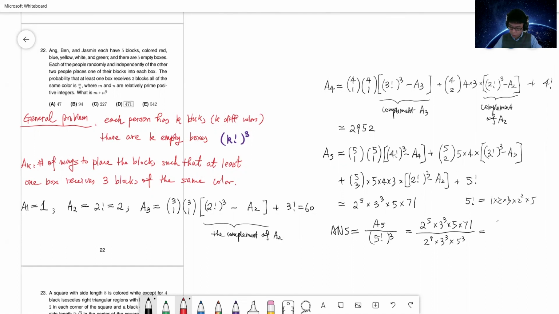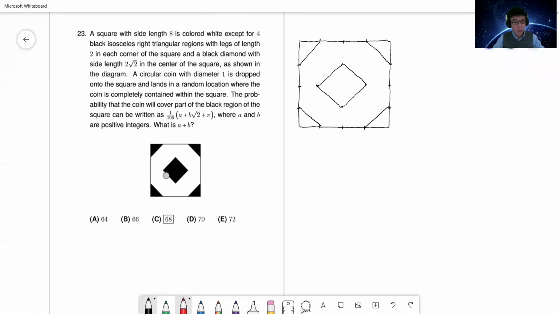So that corresponds to 71 over 2/4 times 5 squared, which is 71 over 400. So m and n are 71 and 400. And m plus n equals 71 plus 400. The answer is 471. We choose D here.